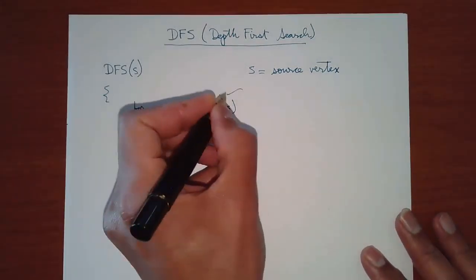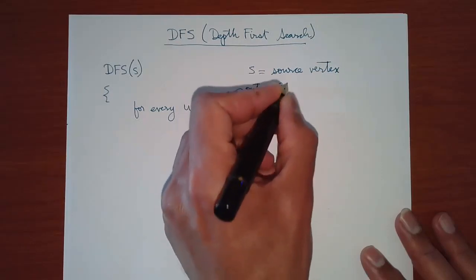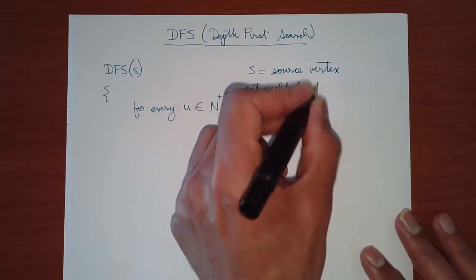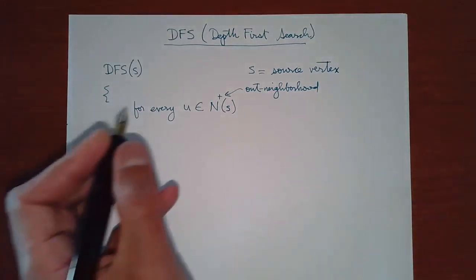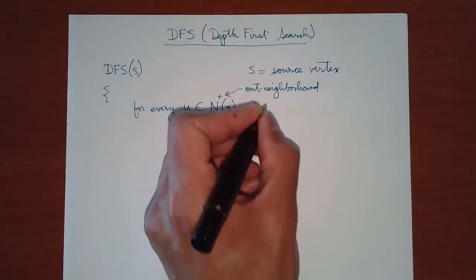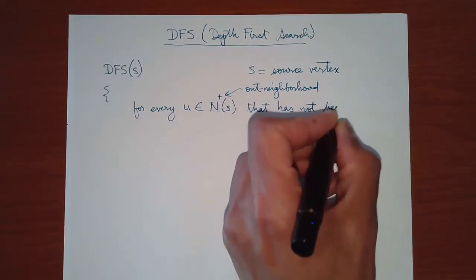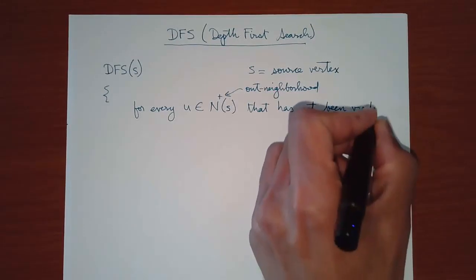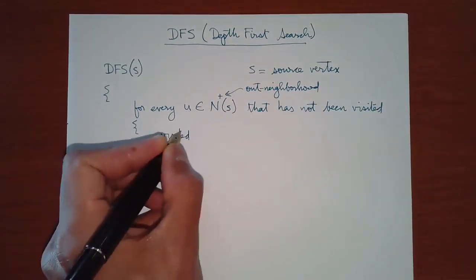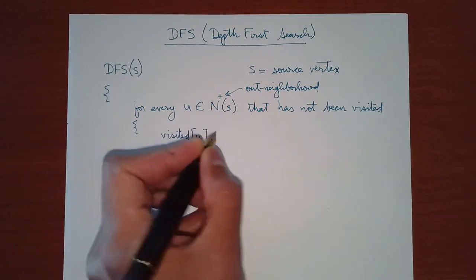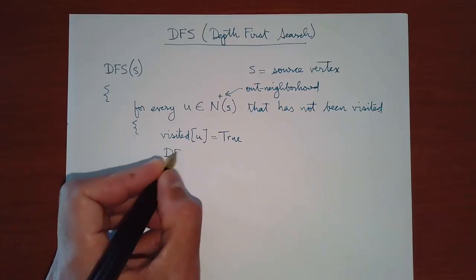So this is the out neighborhood, because often DFS is used on directed graphs. I mean, it's used both for directed and undirected. But if it's directed, you would do the out neighborhood, or you just do the normal neighborhood. For every U that has not been visited, we're just going to say visited of U is true, and then do a recursive call.